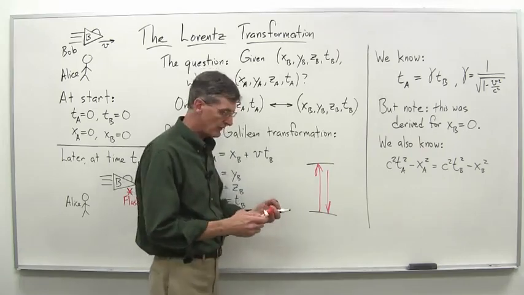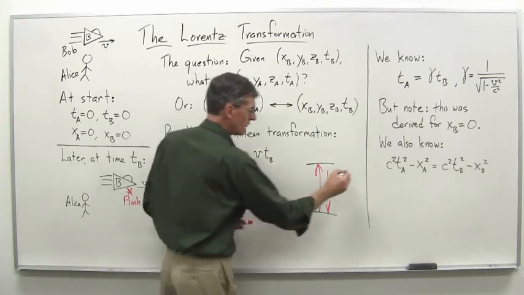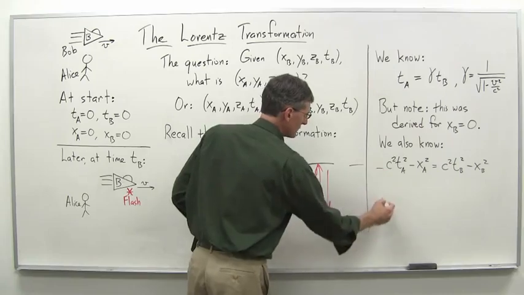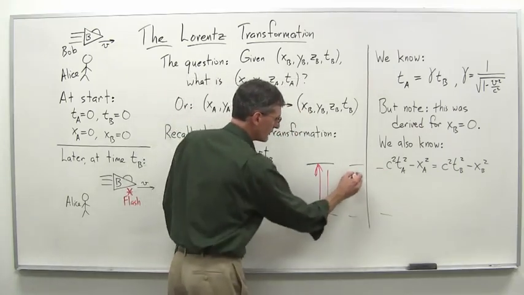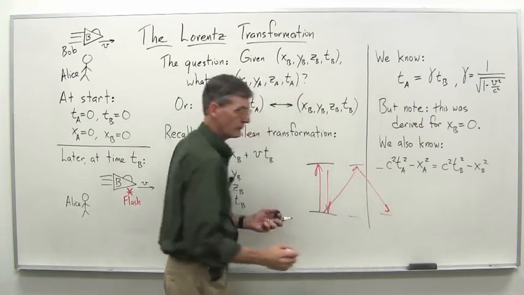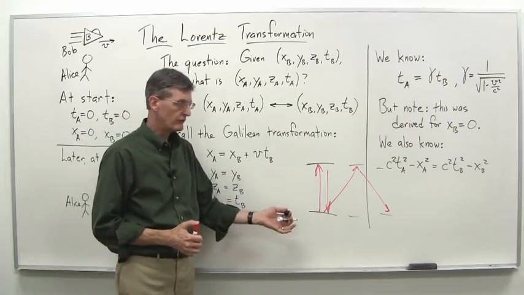It's Alice observing it, of course, moving along, so that as Alice sees it moving, we get the familiar triangle effect. So Alice sees it going like this. But to Bob, all this is happening at xb equals 0.